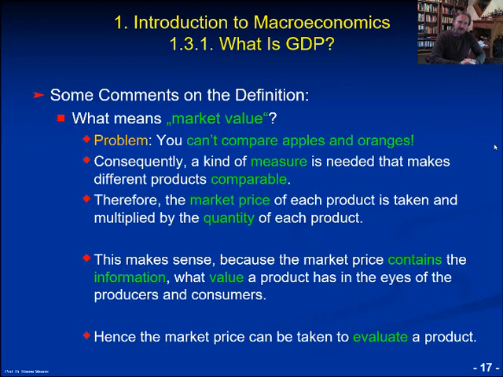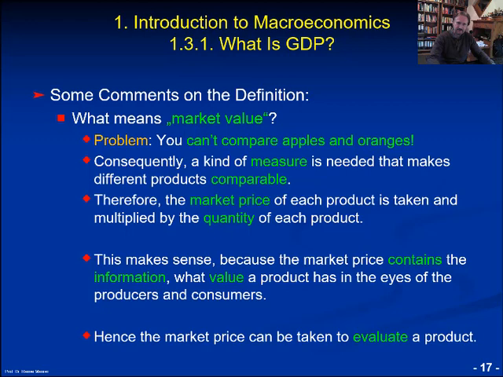Now let me give you some comments on this definition. There are a couple of words used to define GDP which themselves need a kind of definition. What, for example, does market value mean? The problem is you cannot compare apples and oranges, so it would not make much sense to add up apples and oranges and say we have 50 kilograms of apples and oranges here.